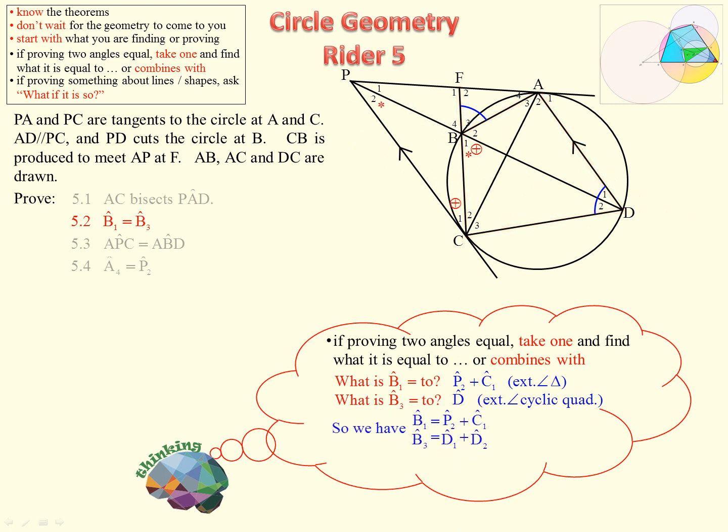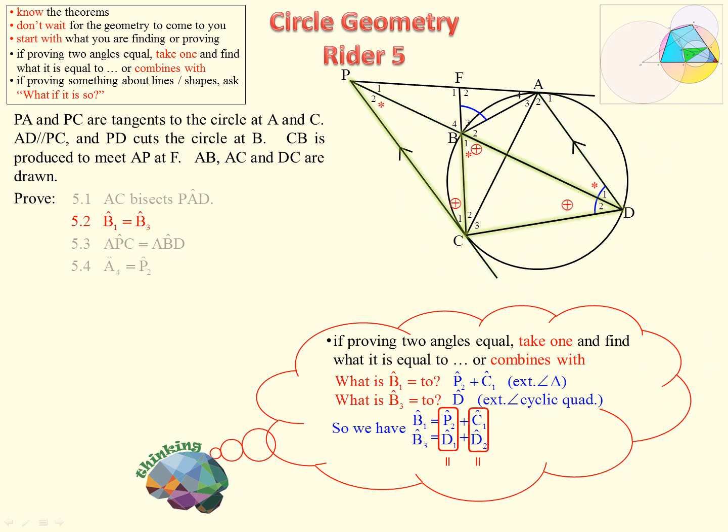So I'll break it down. We have B1 equaling P2 and C1. I have B3 equaling D, which is D1 and D2. Now if you have a look, we have D1 and D2 equal to one another because of the parallel lines. Notice the green situation with alternate angles and parallel lines.